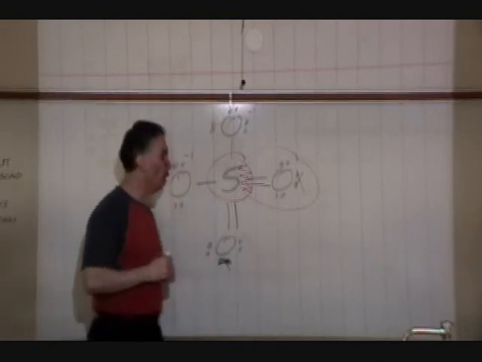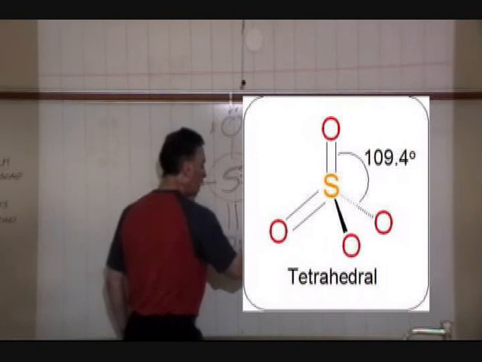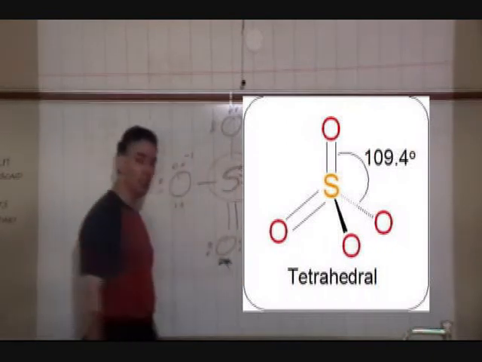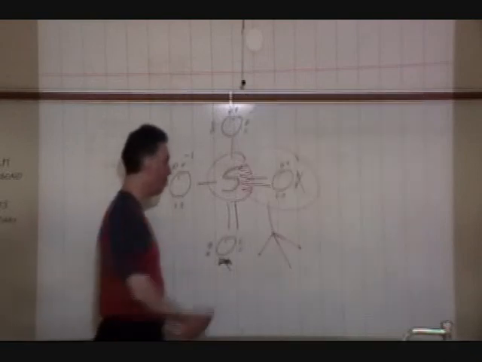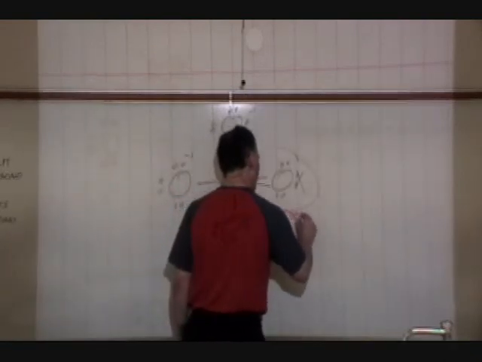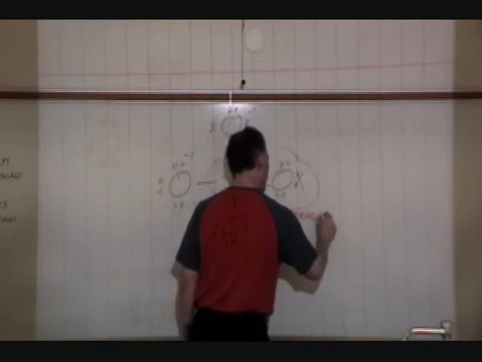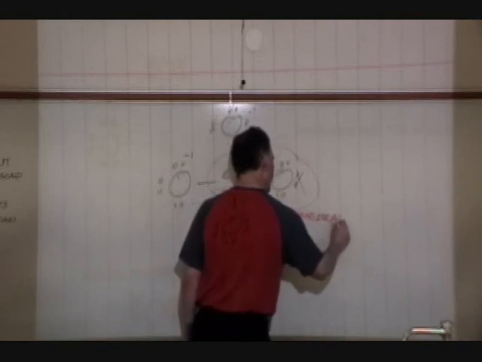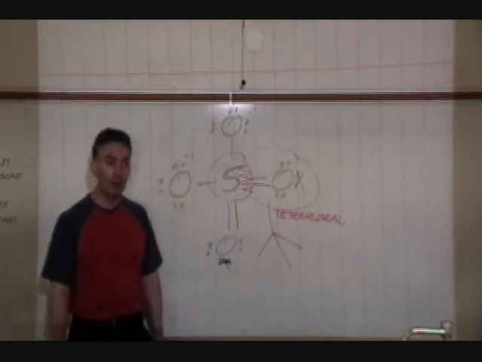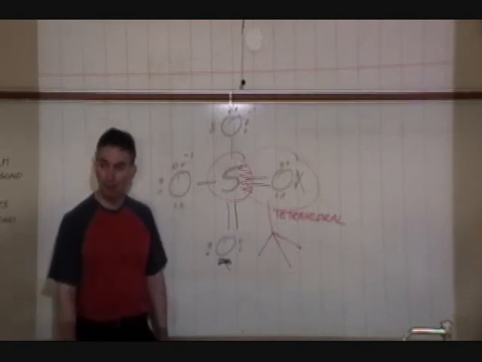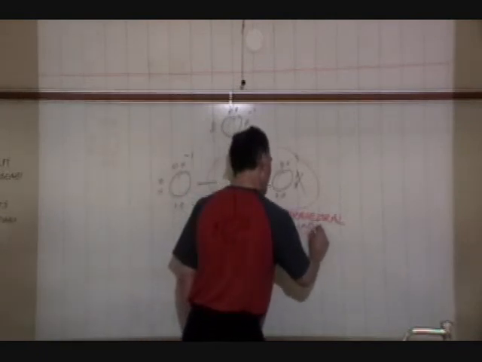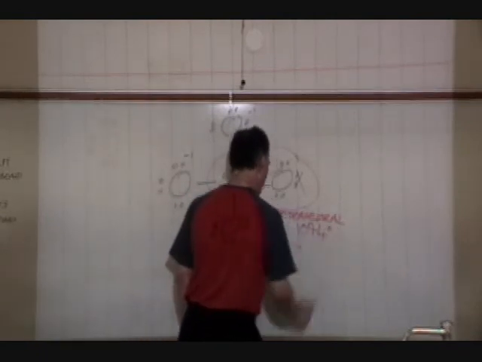With 4 chemical bonds around the central point, the shape of the molecule is tetrahedral. Tetrahedral with a bond angle of 109.4 degrees.